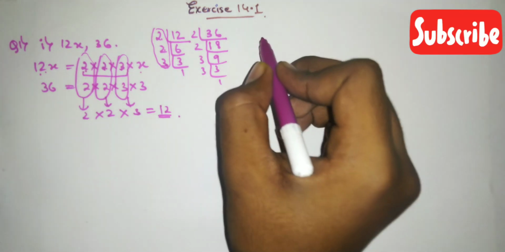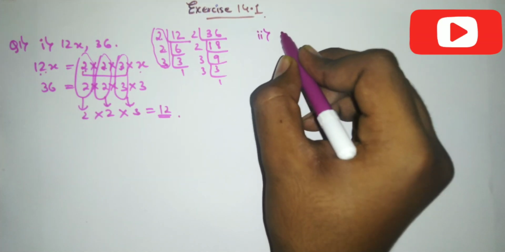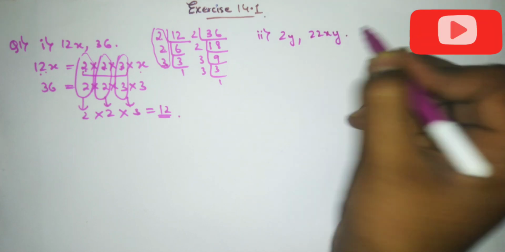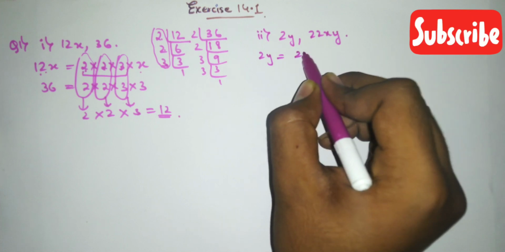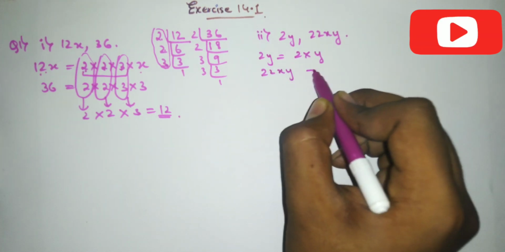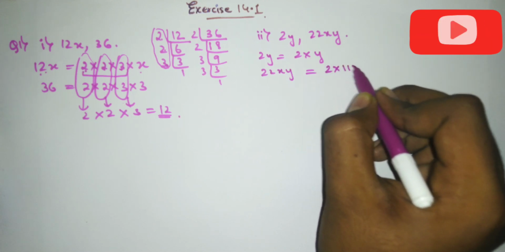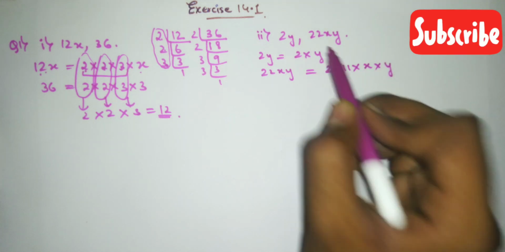Let us proceed to question number 2, that is 2y and 22xy. Here 2y I can write as 2 into y, and 22xy as 2 into 11 into x into y. Basically you have to do prime factorization.